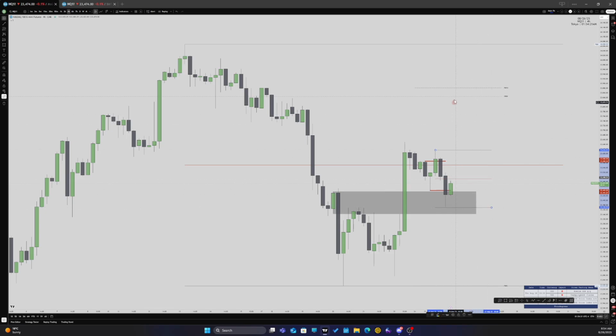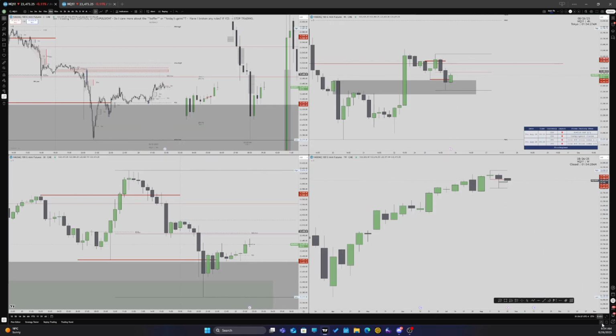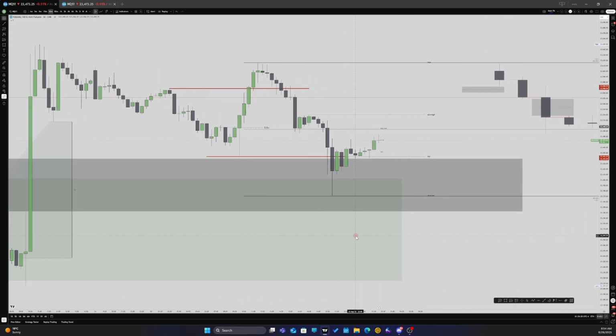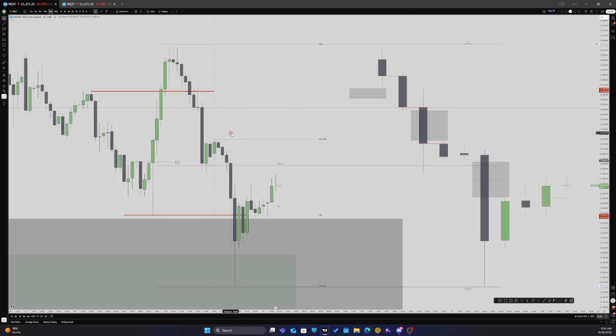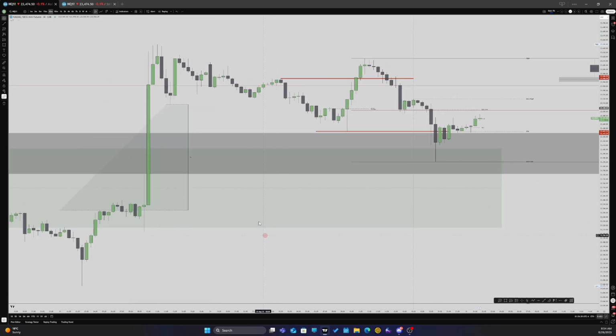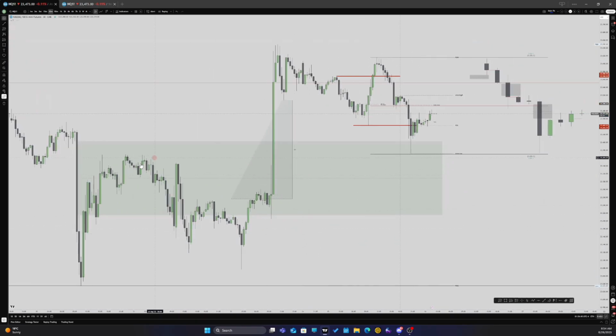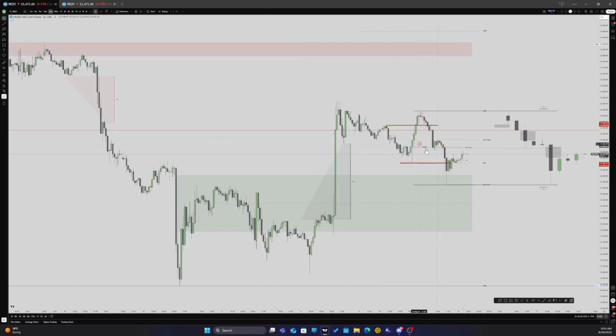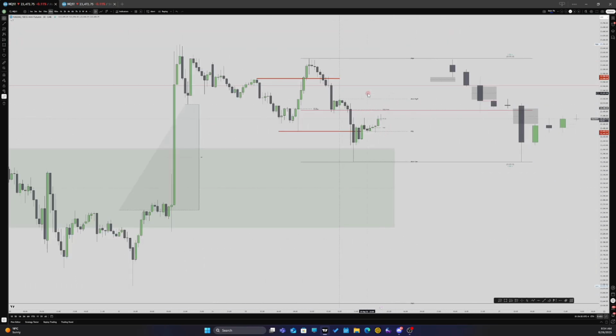So I have an overall bullish bias, but if I look at my lower time frame, I am looking for price to close this 4-hour candle after trading in this imbalance, the bearish fair value breaker block. I also have a balanced price range here, right? Price traded into that, to the breaker, in my opinion, going up.